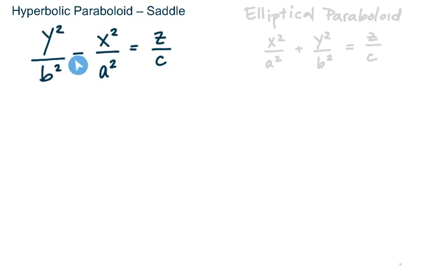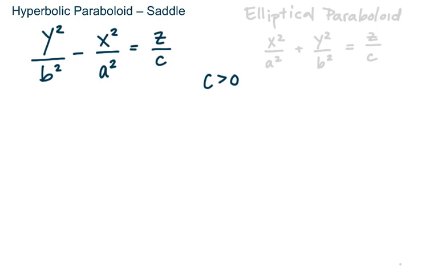Hyperbolic has a minus in between those two terms. Again, it could be x squared minus y squared. That would just change the shape. We set it up this way in our standard form because it's the way we like to draw it and visualize it. In our hyperbolic paraboloid example, we do specify that c has to be a positive number, and that's mostly so that we don't divide and switch these two terms. That would change the shape of our graph, right? It would put them in the reverse situation.